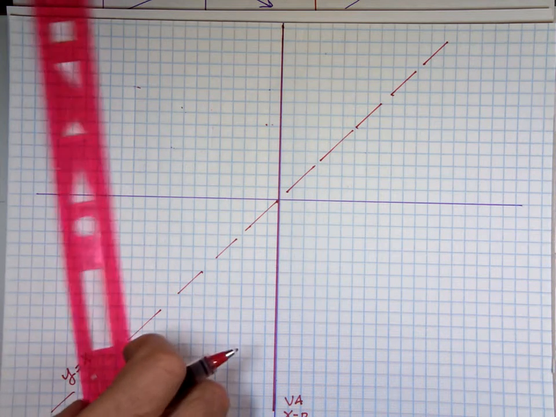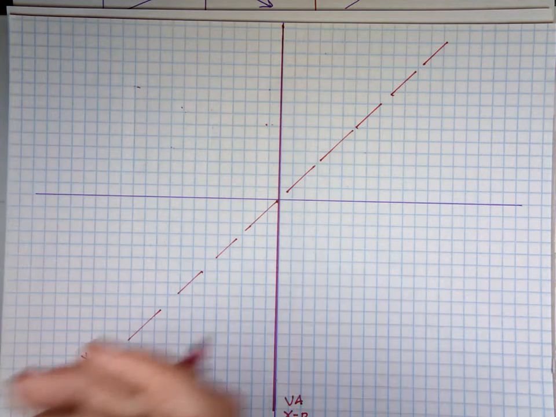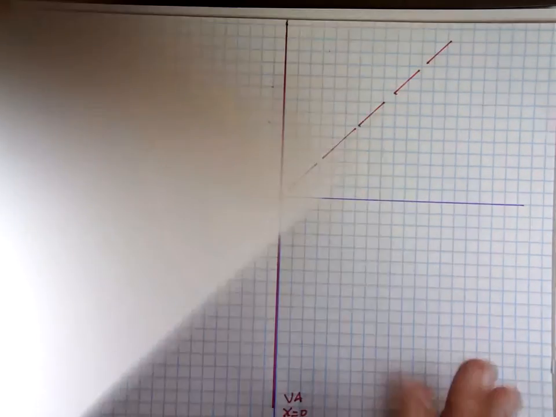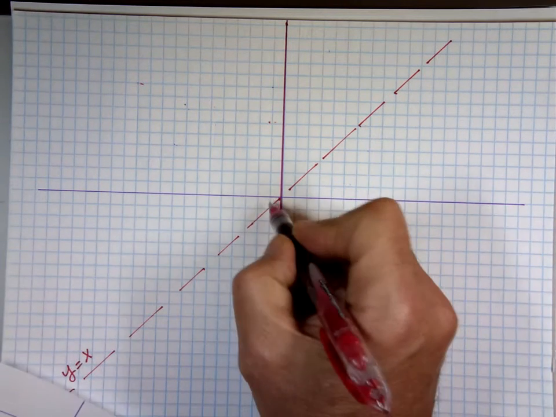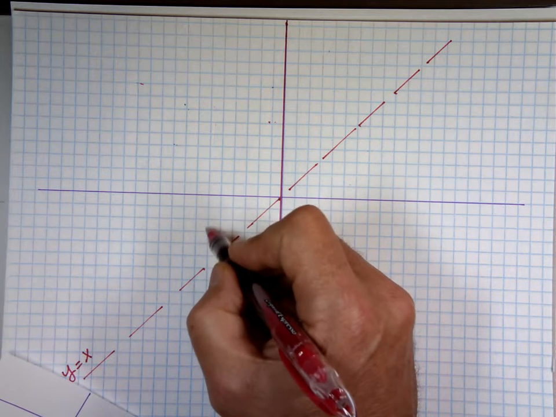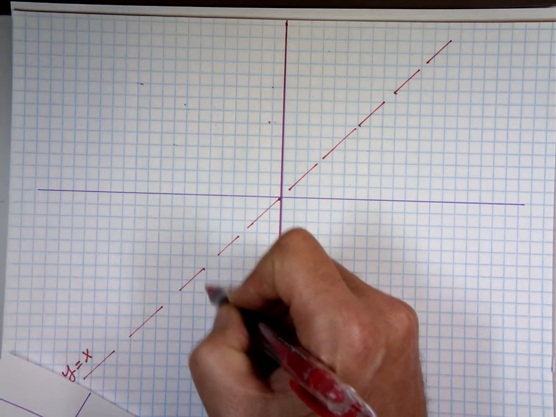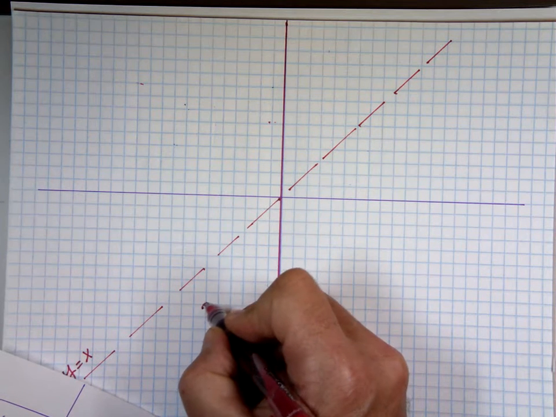Now, we have, what was that point? I'm just going to go to this chart. We have a maximum value at negative 6 and negative 9. Minus 1, 2, 3, 4, 5, 6. 1, 2, 3, 4, 5, 6, 7, 8, 9. We have a maximum point, like this.